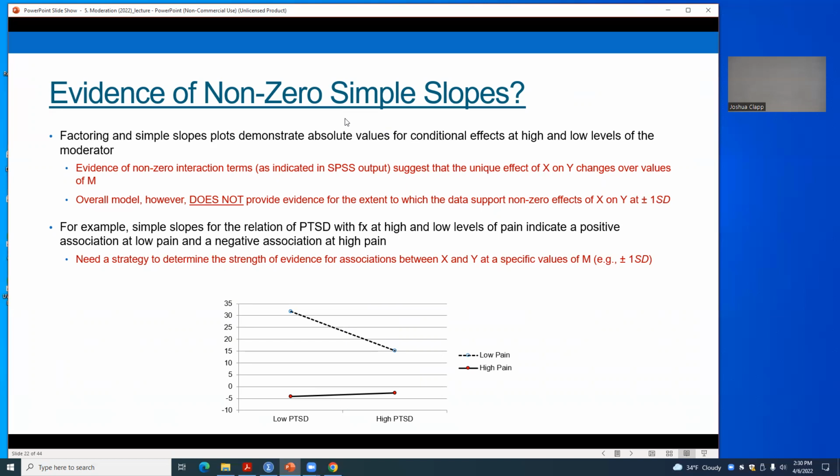Now, what would be my response to that? If someone wanted to know whether that's indicating a positive association between PTSD and functioning at high levels of pain... Technically, you're right.